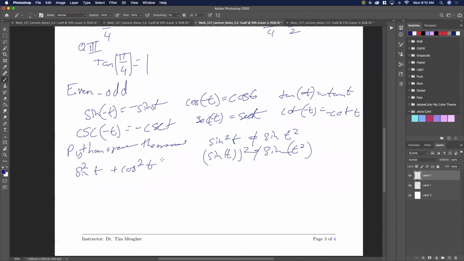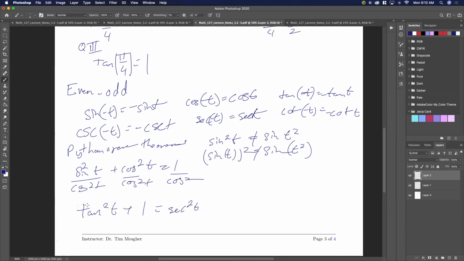So sine squared t plus cosine squared t equals 1. Notice here, if I divide everything by cosine squared t, you actually can get the other Pythagorean identity. I have 1, I have tangent, since sine over cosine is tangent, squared t, and cosine over cosine is 1, equals secant squared t.